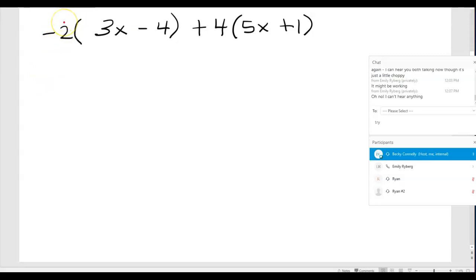Exactly. Yep. So we can't combine the 3x and the 4 together because they're not like terms. So that means we need to use the distributive property. Right? So go ahead and do that and then tell me what you come up with there. Yep, you do the negative 2 times the 3x.